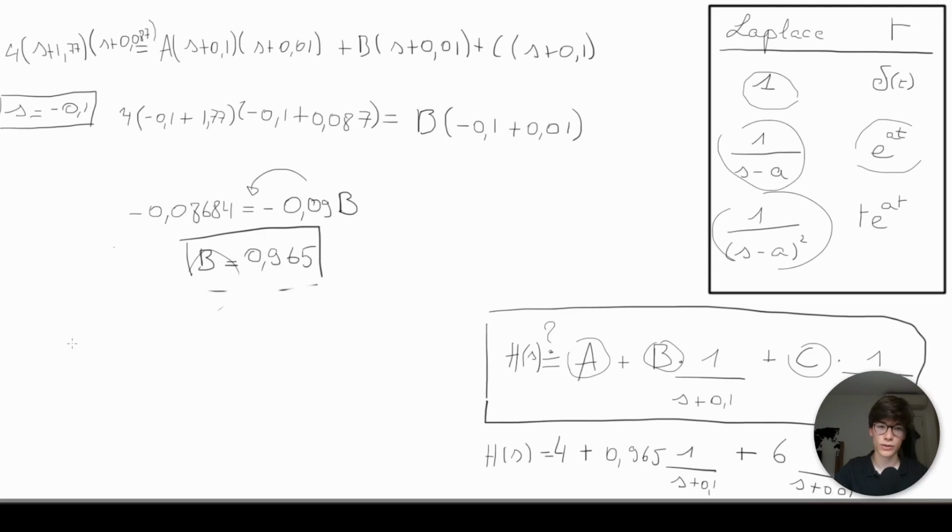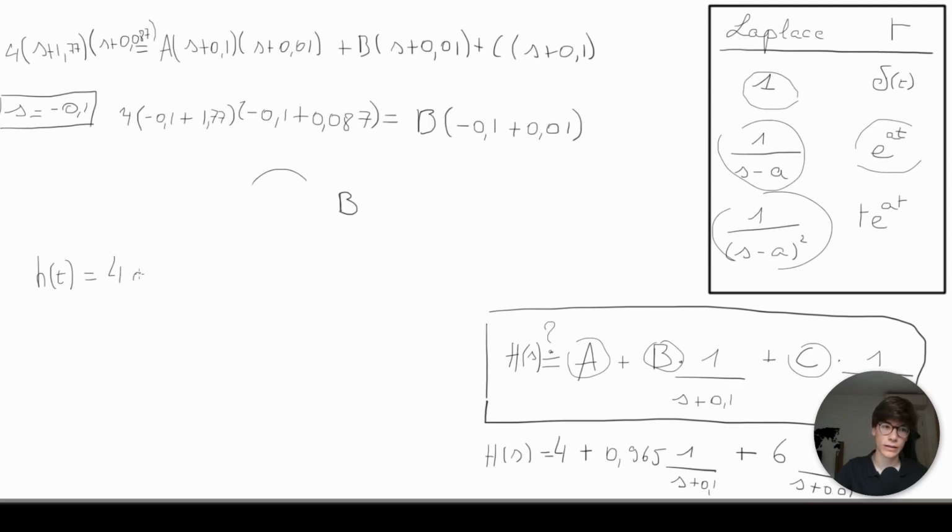So what we will find, now using the inverse Laplace transform, is that h of t in the time domain equals 4 times 1, so that will be 4 times the Dirac impulse, plus b times, or 0.965 times, e to the at, and the a here stands for negative 0.1 t, and then plus 6 times e to the negative 0.01 t.